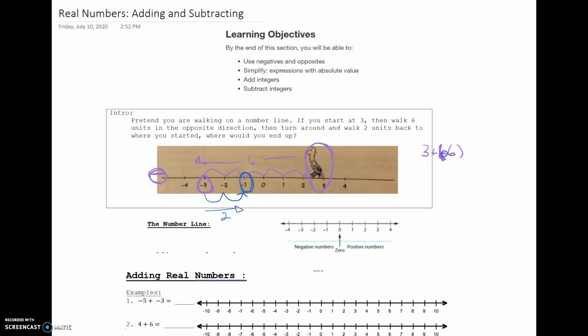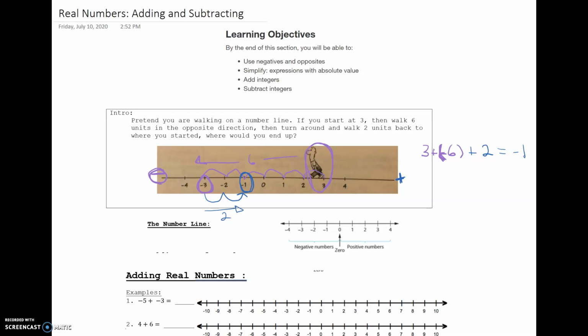I went 6 units in the opposite direction. And then I turned around and went 2 units to the right direction, which we denote as a plus. So that's plus 2 units. And when we added all of that together, it gave us a -1.